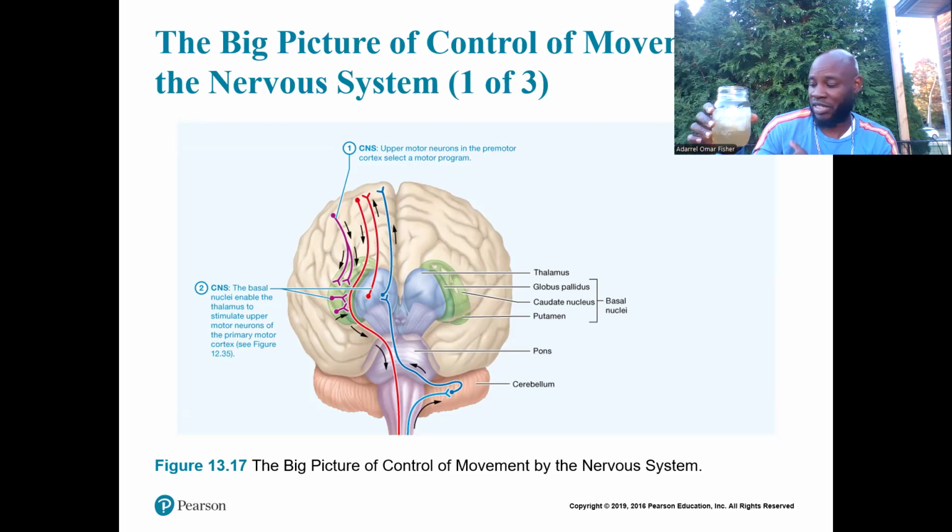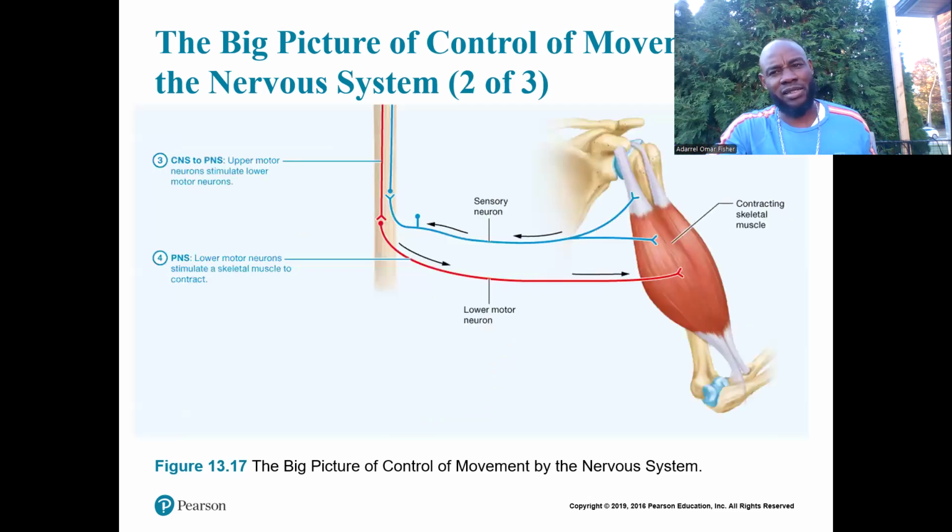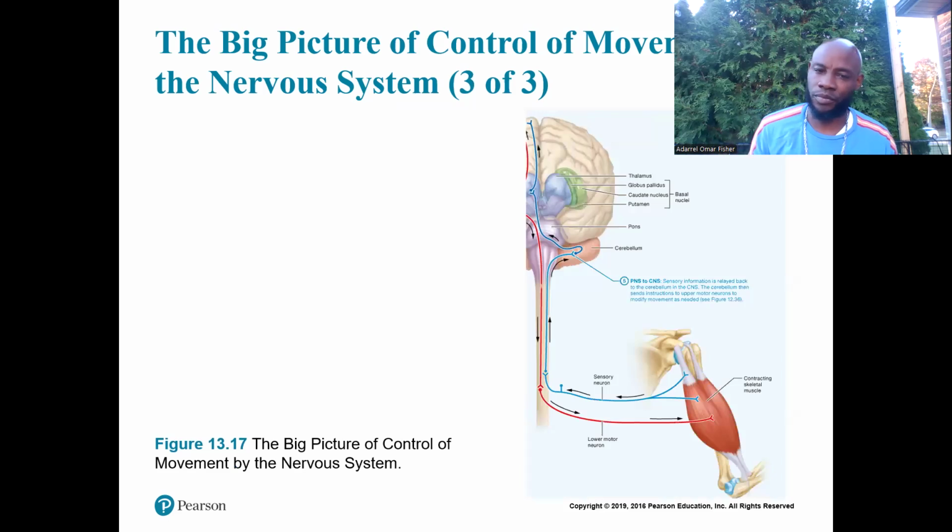But at the same time, when I'm picking up the glass, I'm sensing this glass in my hand. I'm sensing the movement of my arm. And that is sending sensory information at the same time back to my brain. So not only is it sending in the signal to pick up the glass, but it's also sensing what I'm doing while I'm doing it. Amazing. Body's amazing. All right, so that's the big picture of muscle control.